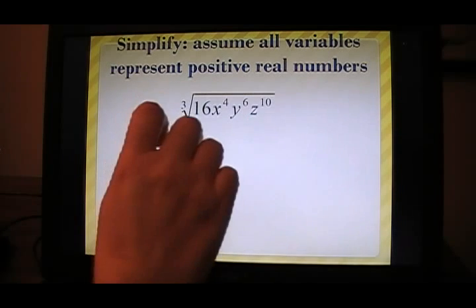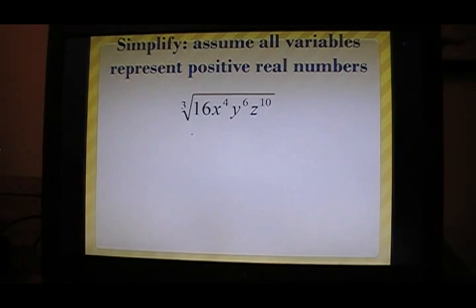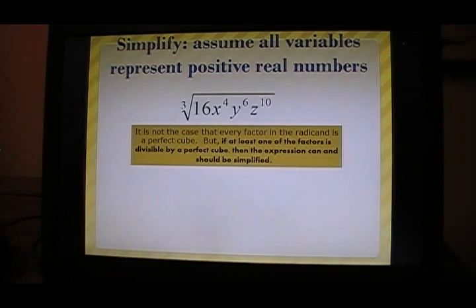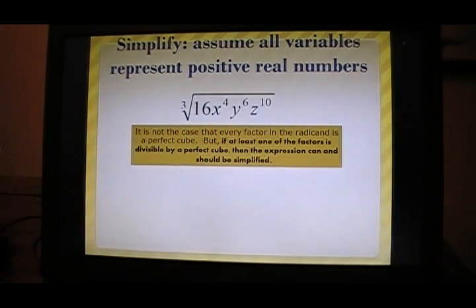Okay? We'll talk about recognizing what that means. So if it is not the case that every factor in the radicand is a perfect cube, but at least one is divisible by a perfect cube, then it can be simplified.